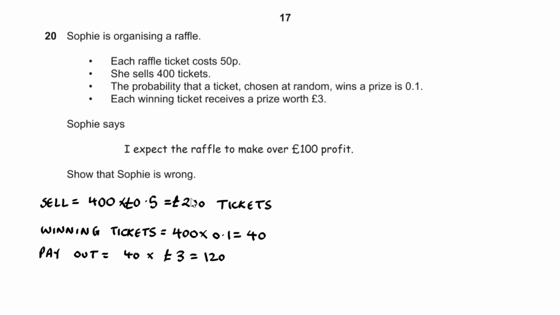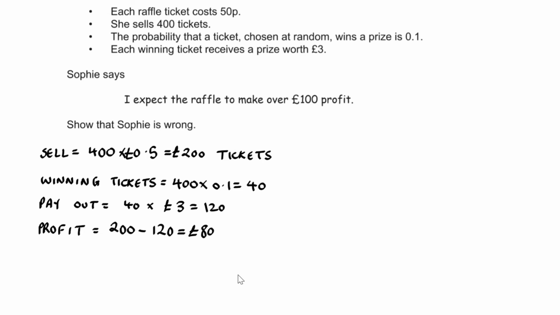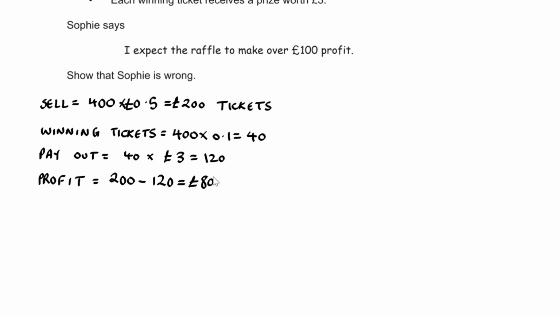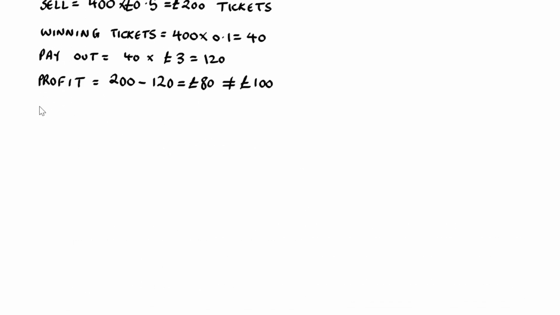And if she sells £200 worth of tickets and she's paying out £120, you can therefore see that the profit then is equal to 200 take away 120, which is equal to 80. So the profit is £80, which does not equal the £100 she is suggesting, and therefore you can conclude that Sophie is wrong.